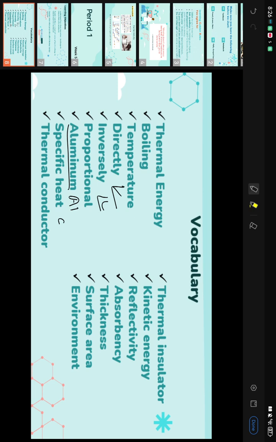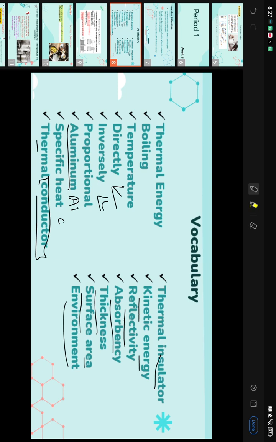Also, we speak about thermal conductor, insulator, kinetic energy, reflectivity, absorbency, thickness, surface area, and finally environment. So make sure you know all of these words before you start.